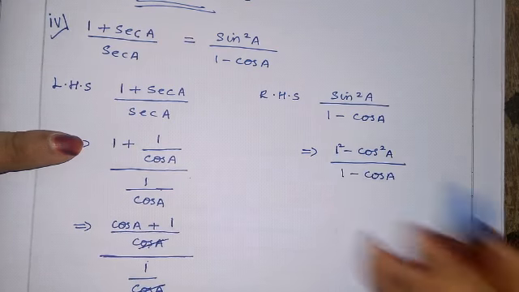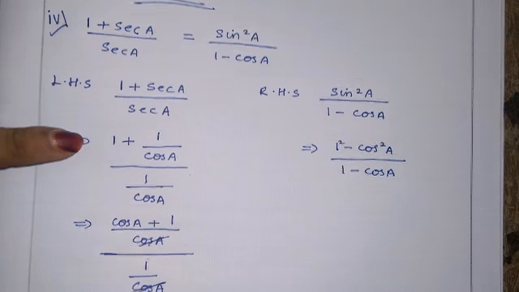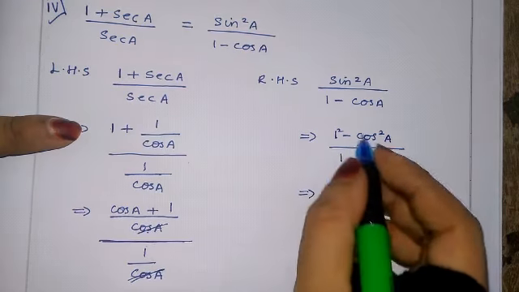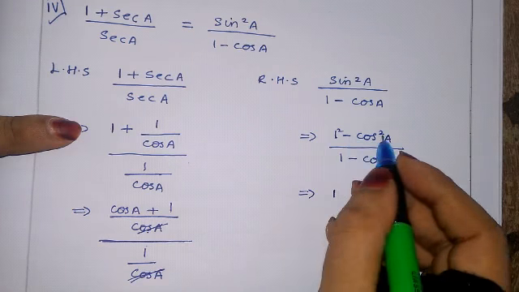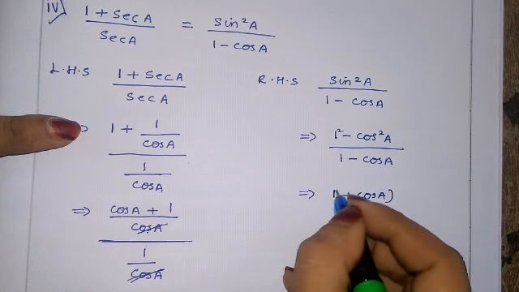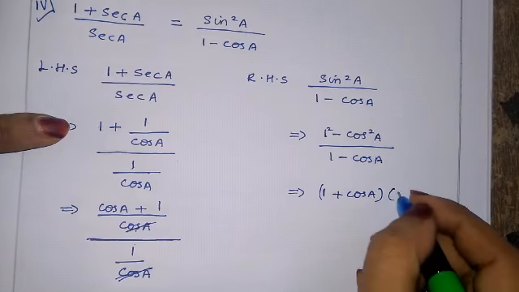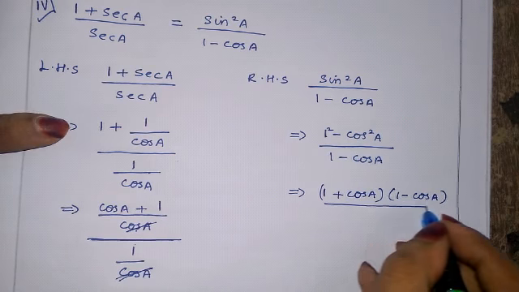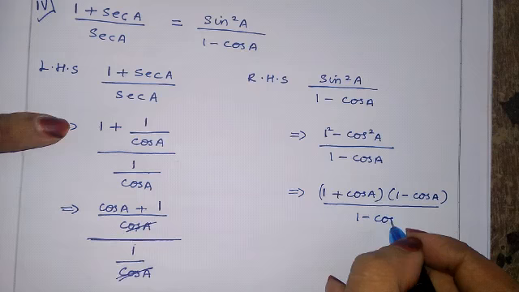Now here we have a square. We know, just now I have done the a square minus b square formula. A square minus b square is nothing but 1 square minus cos square a, which is 1 plus cos a, 1 minus cos a. A plus b, a minus b.